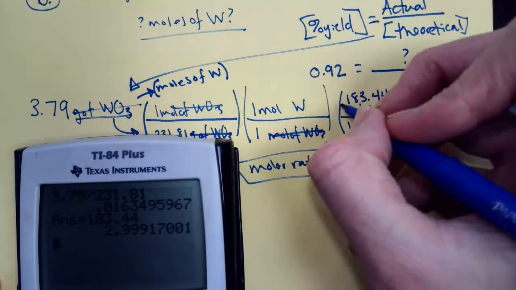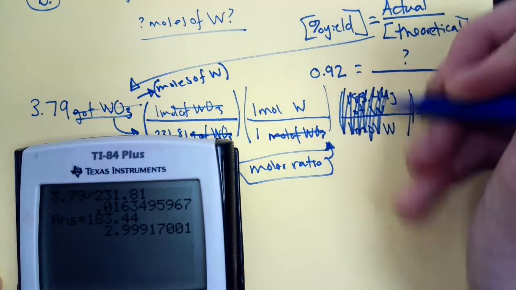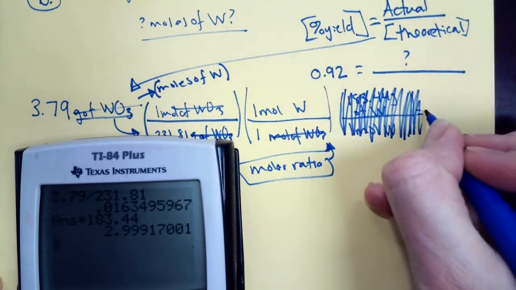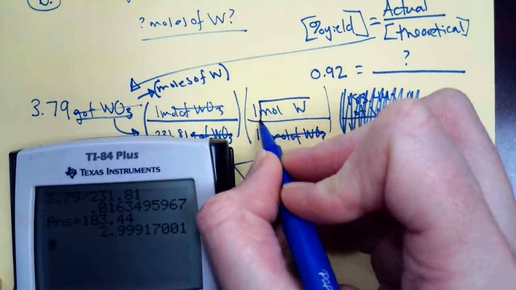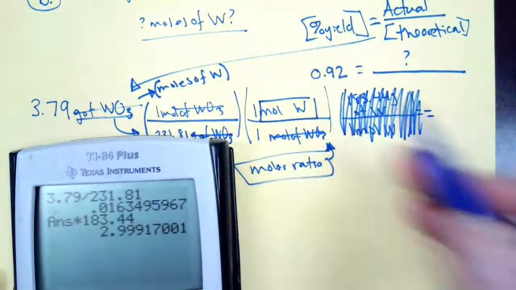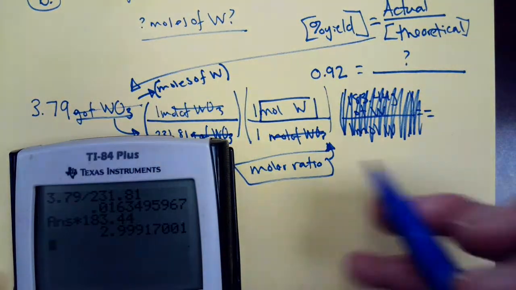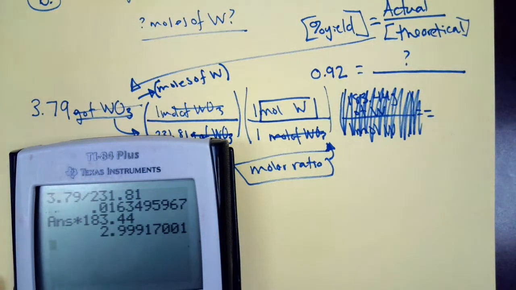Oh, this is why I was only going to go to moles. I was going to stop here. So I'm actually going to scribble this out and stop at moles of tungsten, because that's what they were actually looking for. If they were asking for grams, they could have done that one. Or you could do that one and then convert back, but that would be silly.